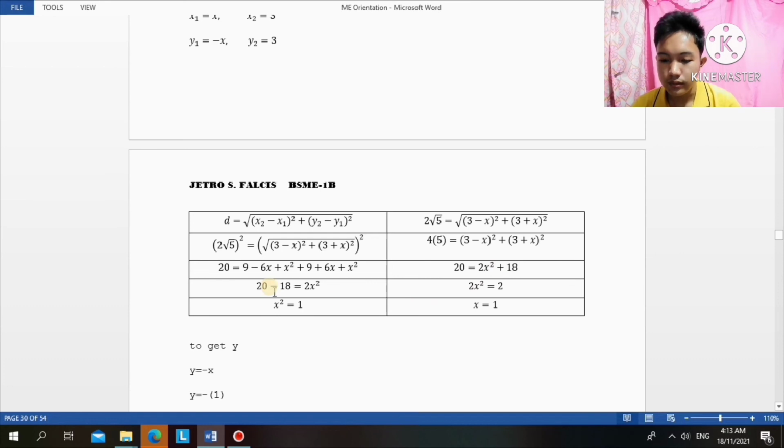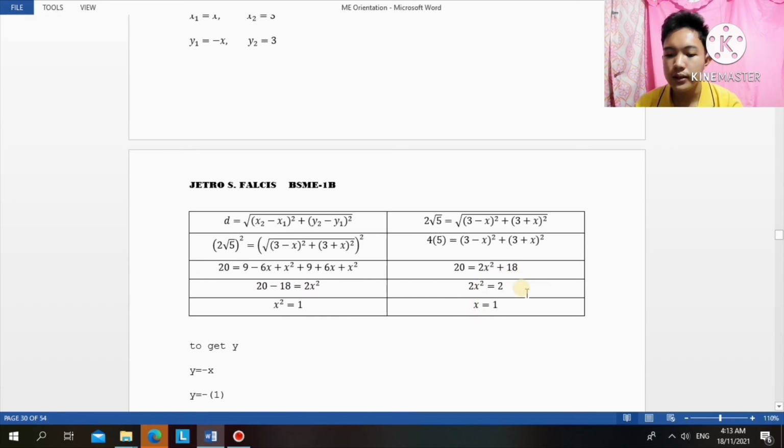Transpose 18 from the right to the left, it will become negative 18. So 20 minus 18 is equal to 2x squared. So 20 minus 18 is equal to 2, so 2x squared is equal to 2.